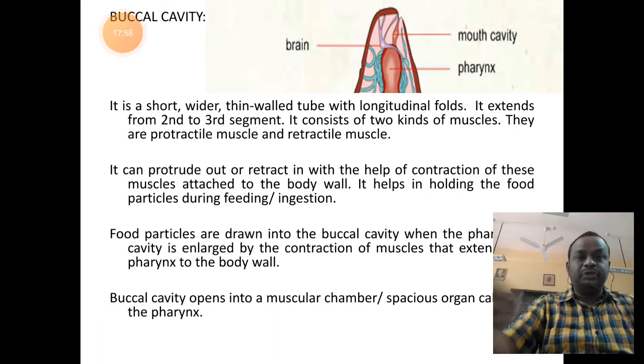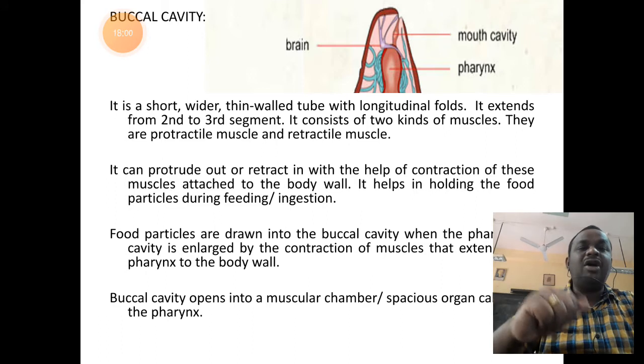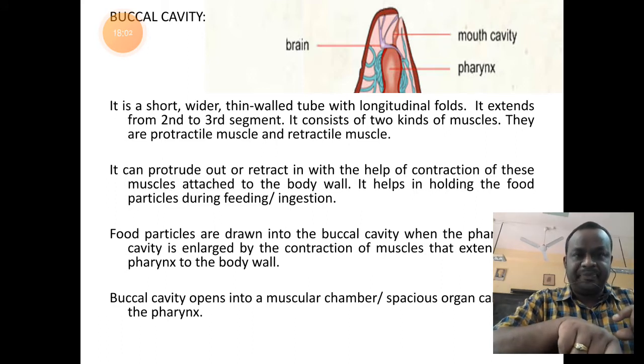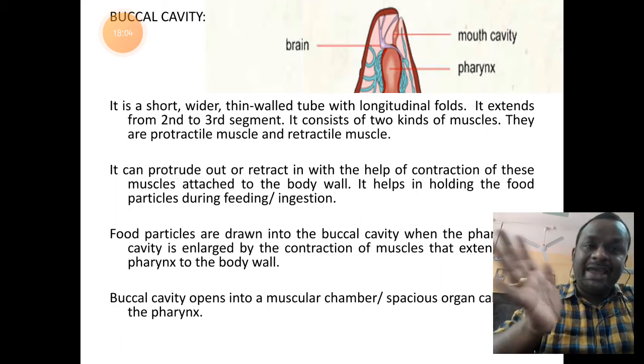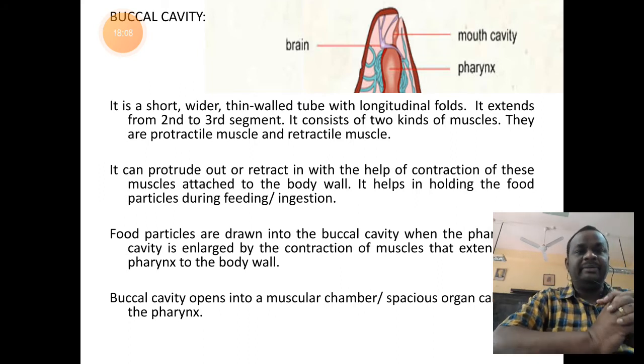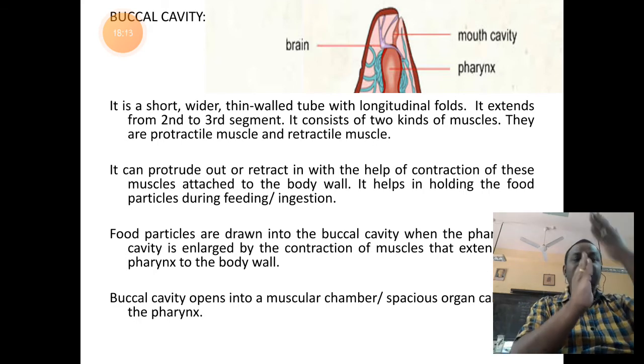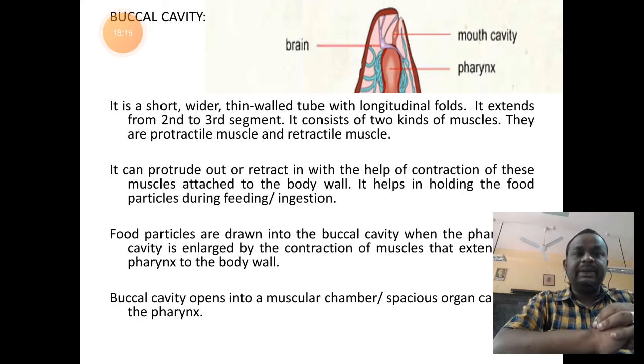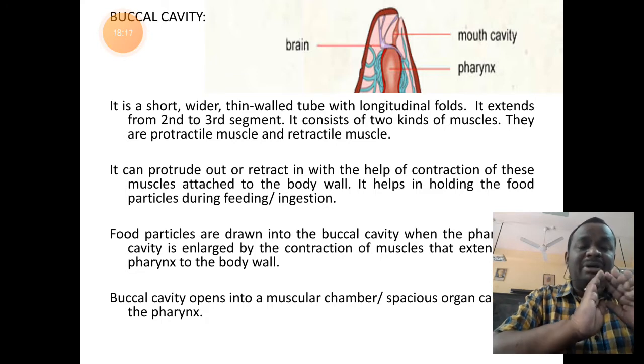In the case of the earthworm, the buccal cavity or mouth cavity is very short. It is very wide and thin walled, tube like. It is provided only with muscles which are longitudinally placed. Longitudinal folds of muscles it has.